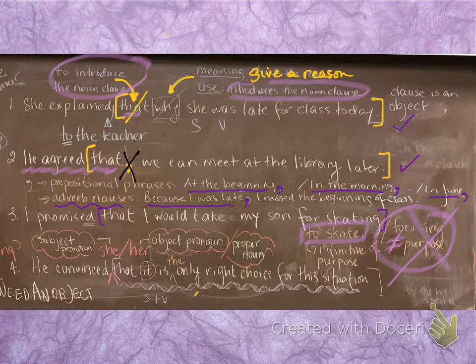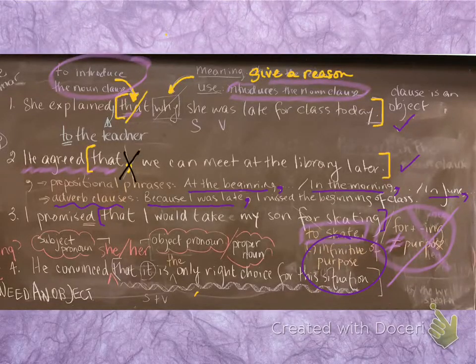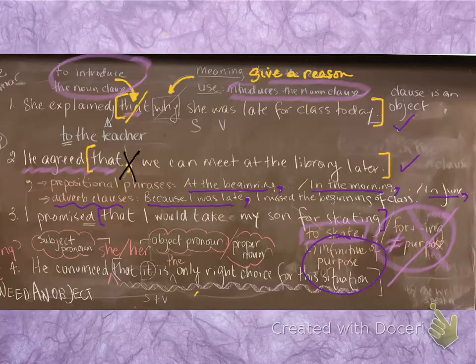We'll talk about that later in the term when we talk about the infinitive of purpose, which is what this is right here. Looking at the noun clause, I promised that I would take my son to skate, or I would take my son skating. We can just eliminate the word for, and that one's okay now.